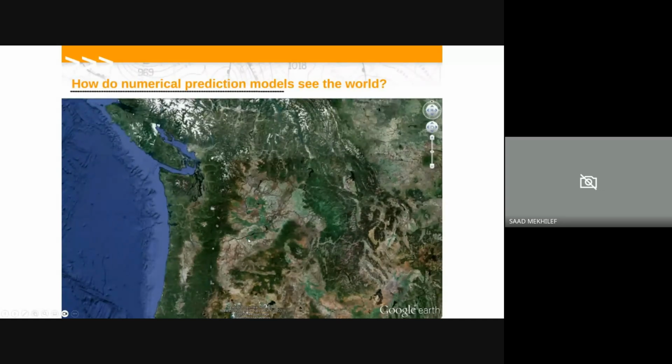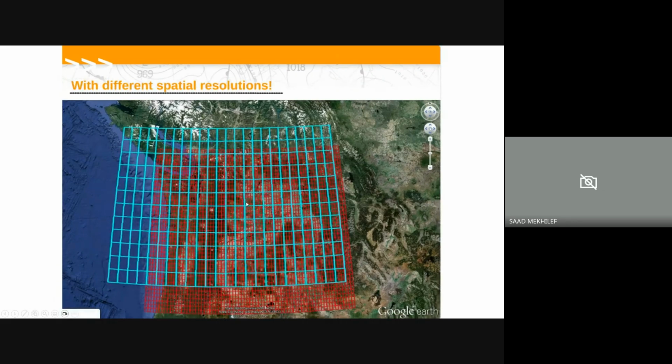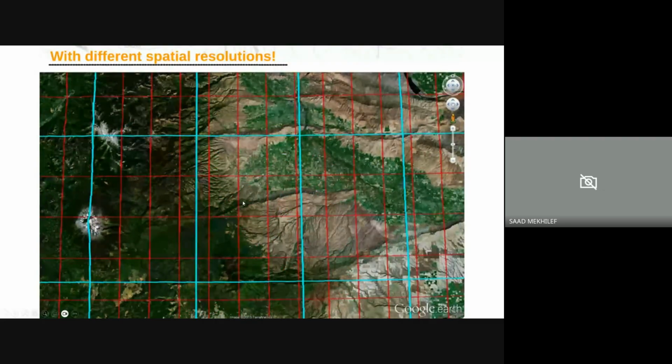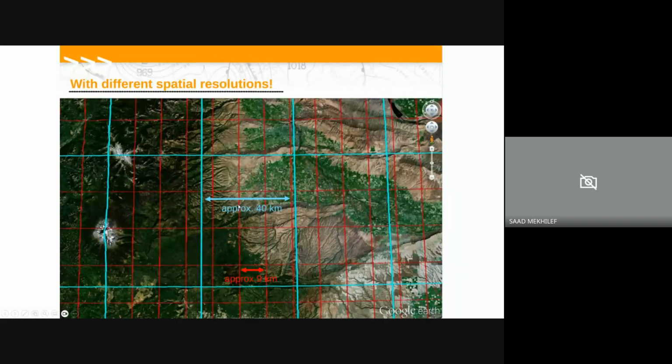How does it work? You start with something like a Google Map for certain locations, then divide it into gridded locations, use different resolutions for different grids, and zoom in with different resolutions. Then we can define the distance between the different grids. For example, here it's around 40 kilometers in this area, and then this is 9 kilometers here.